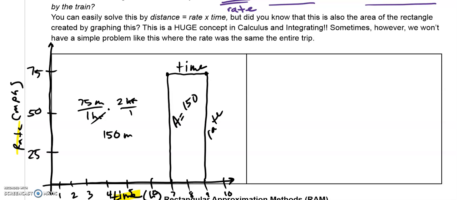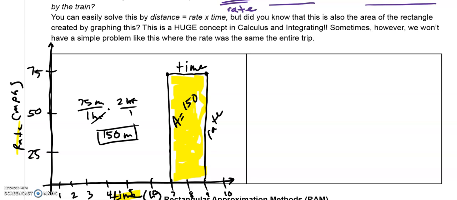That's why we're left with just miles, which happens to be the area of that rectangle. That is a huge concept that we're going to be getting into: the area on the graph, when you have a rate-time graph, gives you the total distance traveled.